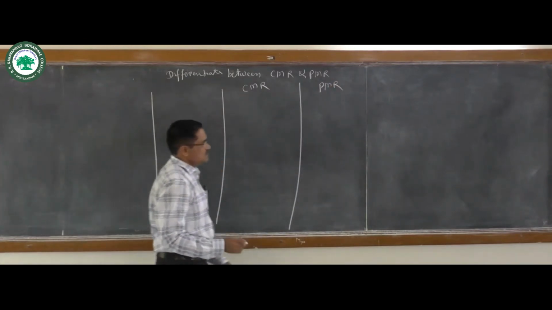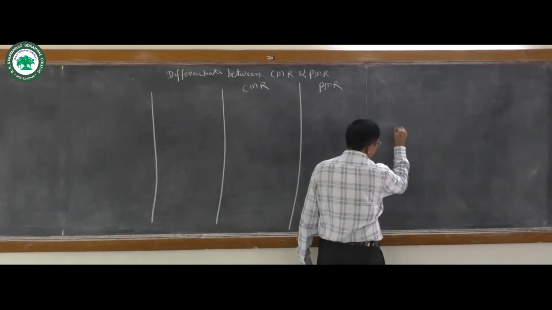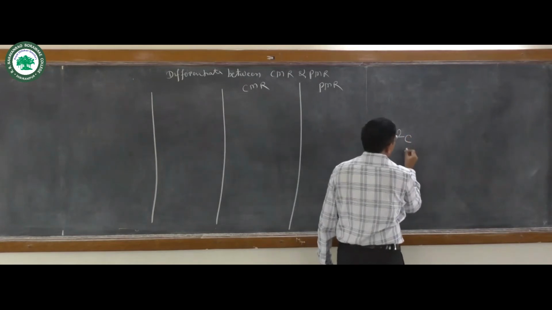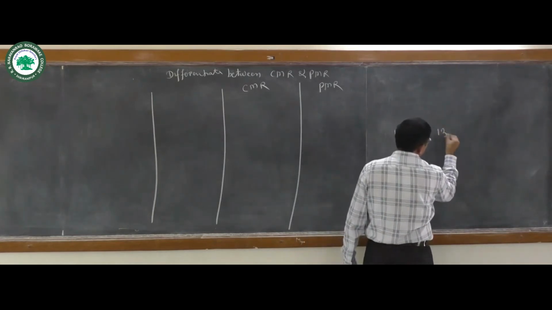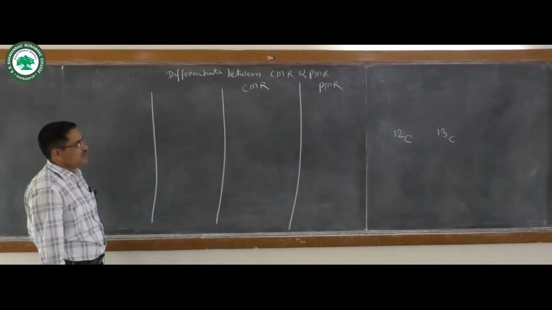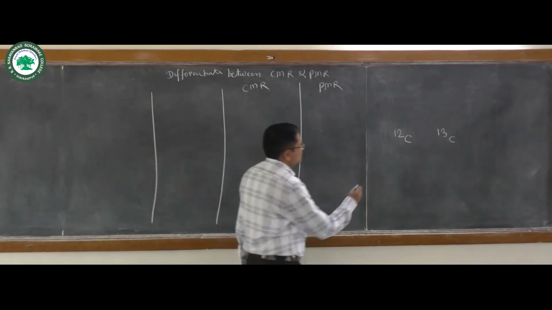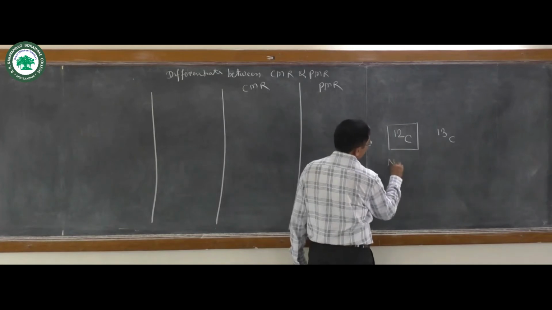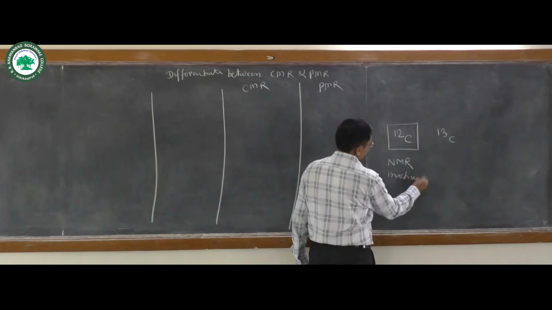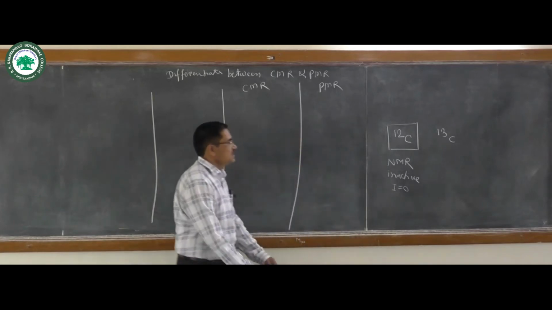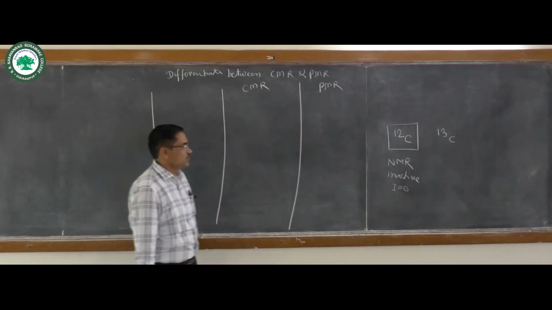Now before starting this, actually 12C and 13C are isotopes of carbon, but 12C is NMR inactive because I equals 0, that is, the spin quantum number is 0.